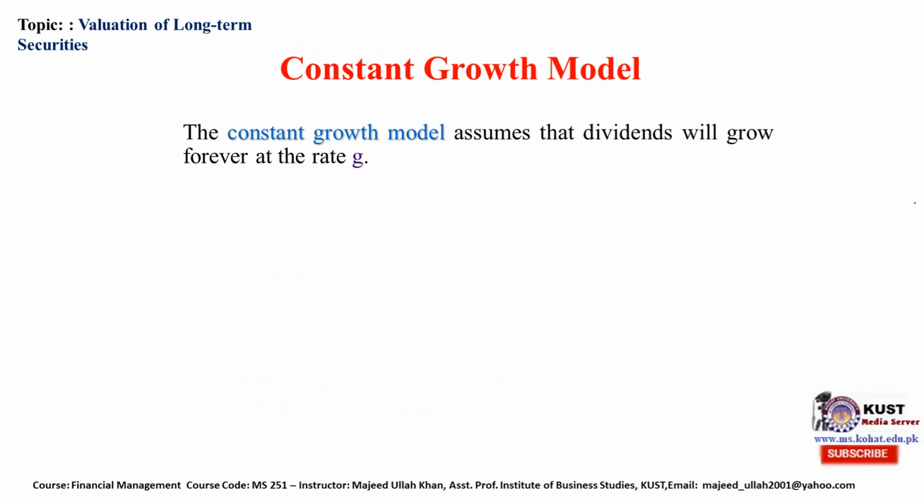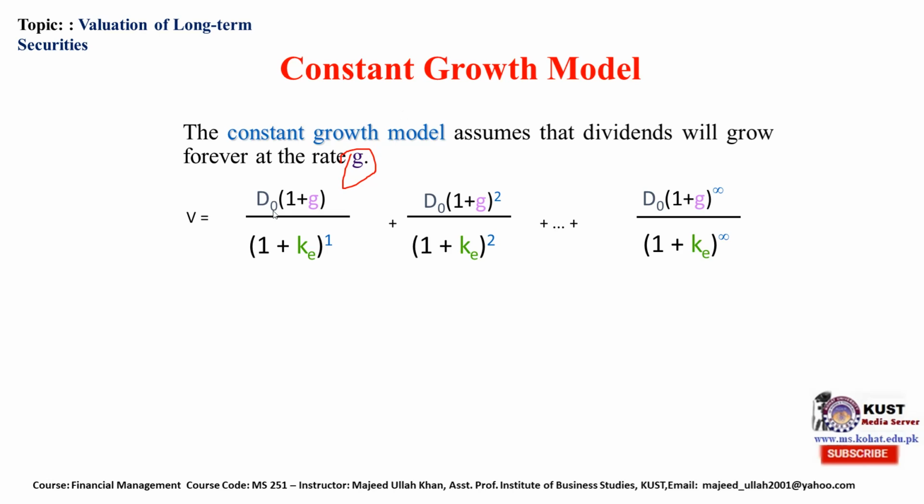Constant growth model. The constant growth model assumes the dividend will grow forever at a rate of g. g is just a symbol used for growth. We will assume that the dividend will grow at one rate, meaning at a constant rate. So if we have a dividend at year 0, D1 will be equal to D0 multiplied by (1 plus g).